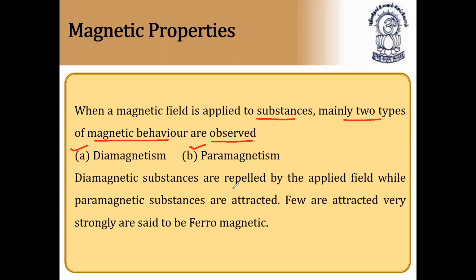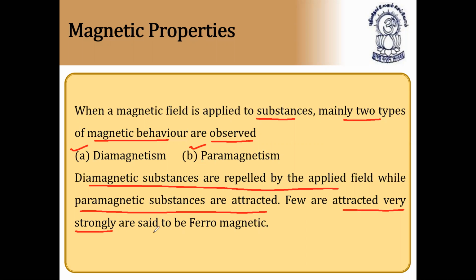Diamagnetic substances are repelled by the applied field, while paramagnetic substances are attracted by the magnetic field. Few are attracted very strongly by the magnetic field and are said to be ferromagnetic. Example, iron, nickel, and cobalt are ferromagnetic.